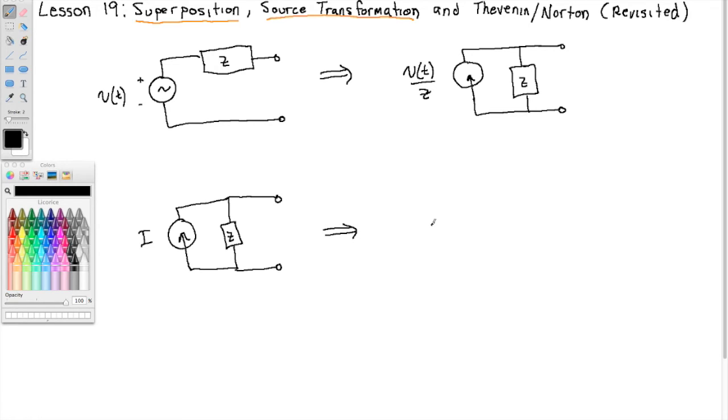If I have this picture, I of t in parallel with Z, then I can transform it into this picture: a voltage source I of t times Z in series with Z.